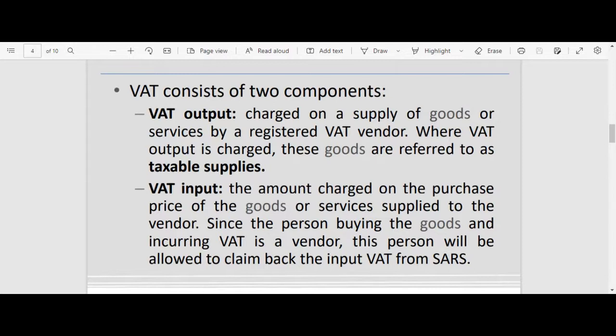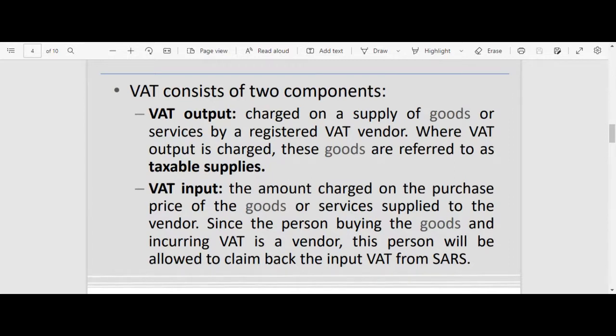Why do we have to keep a separate record of our VAT output, separate from the amount that belongs to us? Remember now, when we are selling goods or rendering a service, a certain part of that amount belongs to us as a business, and 15% of that belongs to the revenue service, which we must pay over to them.